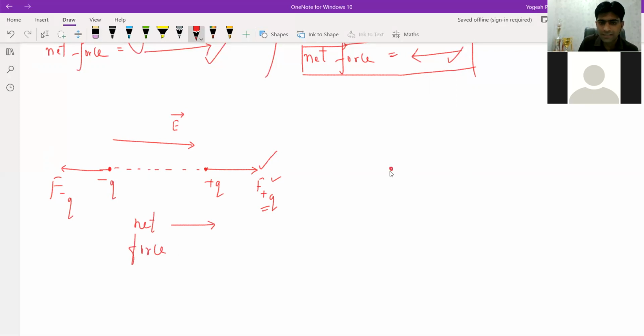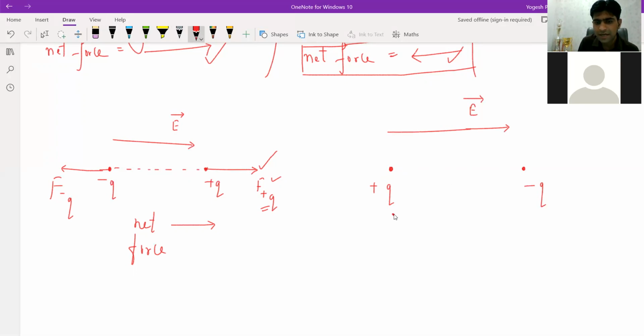But in the opposite case, if you see that this is minus q charge and this is plus q charge, sorry, we need to reverse it. So we have to keep this as a positive q charge and this as the negative q charge. Now in this, this is the increasing field, and in both the cases we have taken the increasing field.